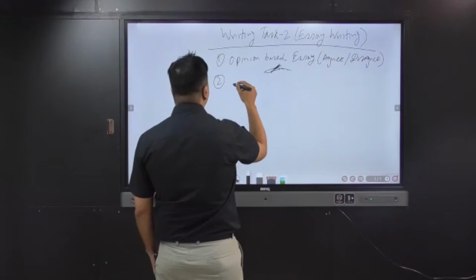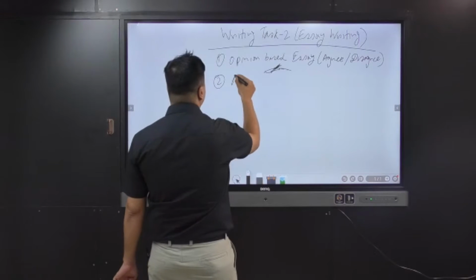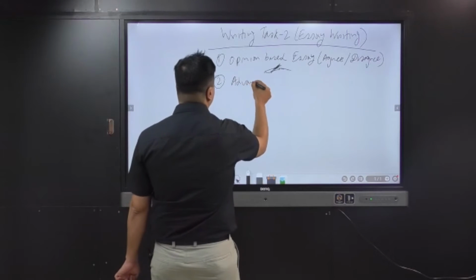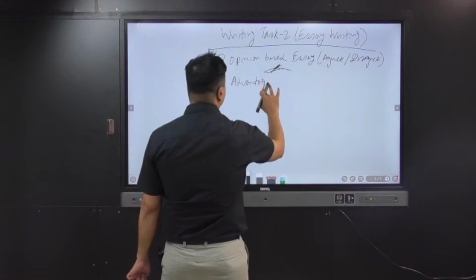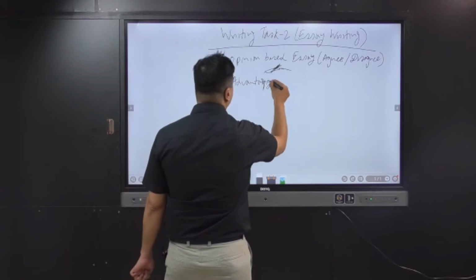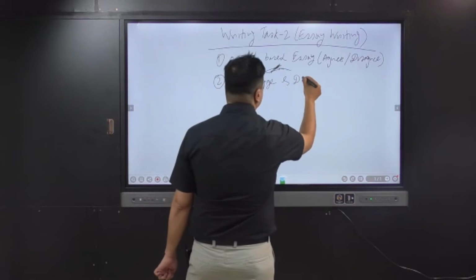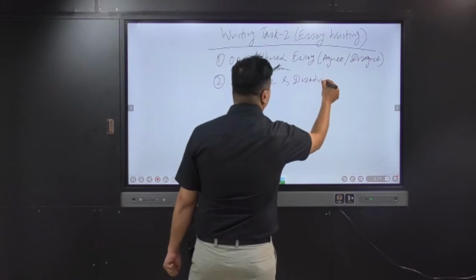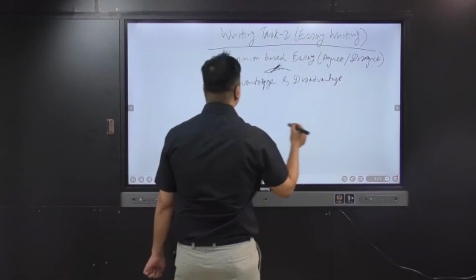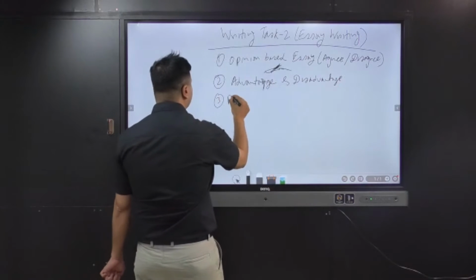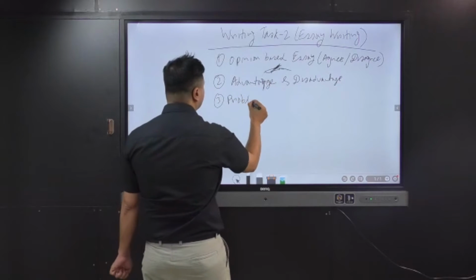Next one is advantage and disadvantage. One is problem and solution.